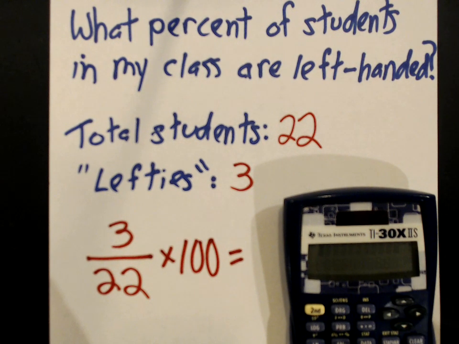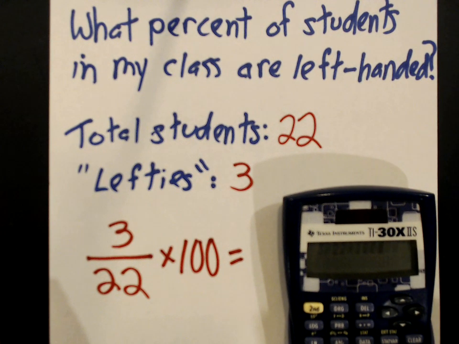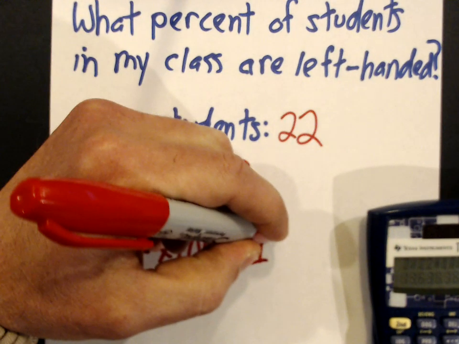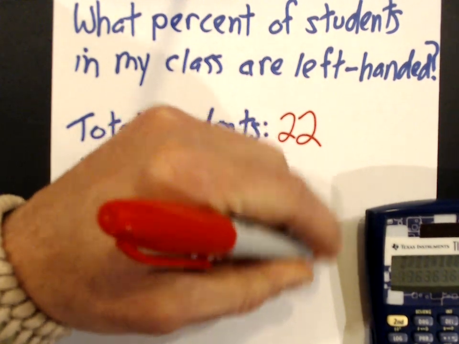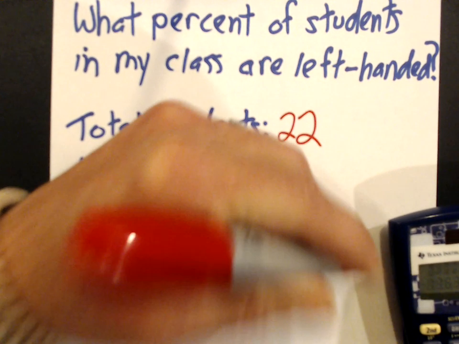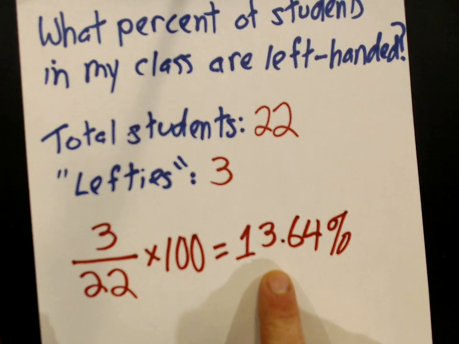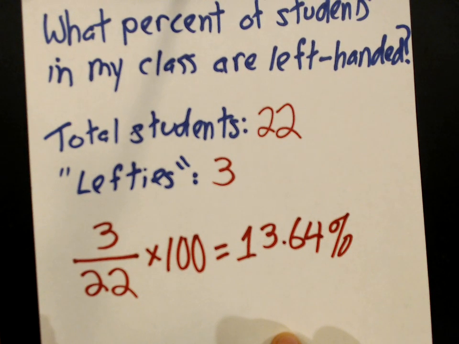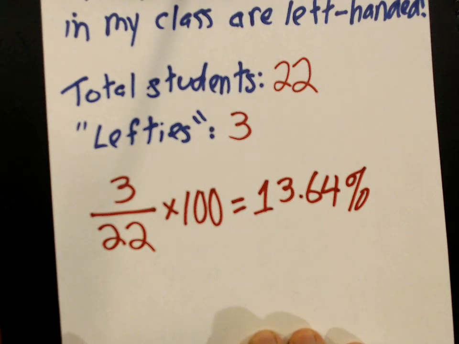Good morning, calculator. 3 divided by 22 times 100 gives us 13.636363%. I'm just going to round that to 13.64%. And there we go. So I will say that approximately 13.64% of my students are left-handed. And there you go. That's how a percentage is calculated.